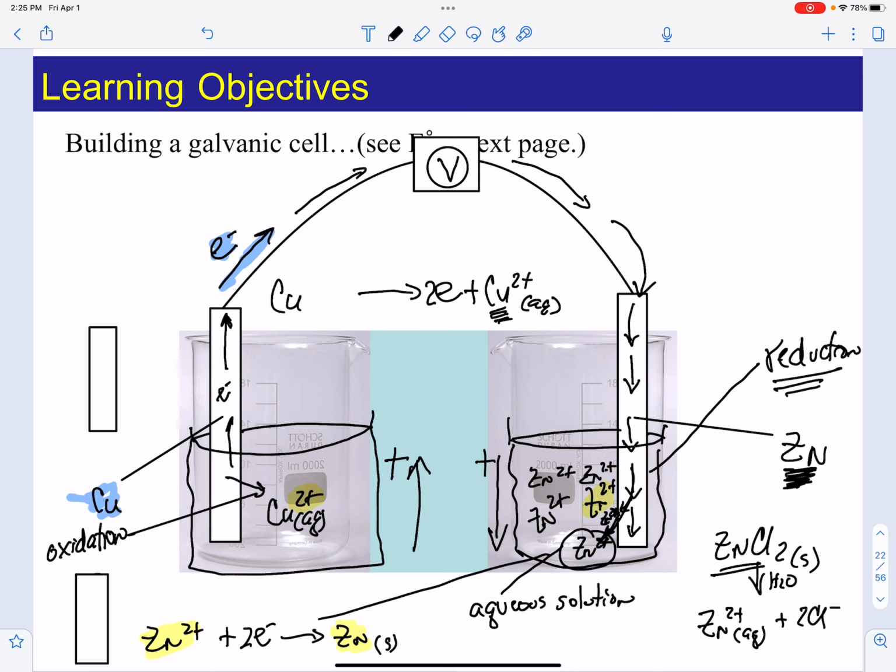So for these electrons to move, we're going to have to create a circuit, just like in electricity. If I have a light bulb and I have two connectors there, and I apply electricity to it, nothing is going to happen.